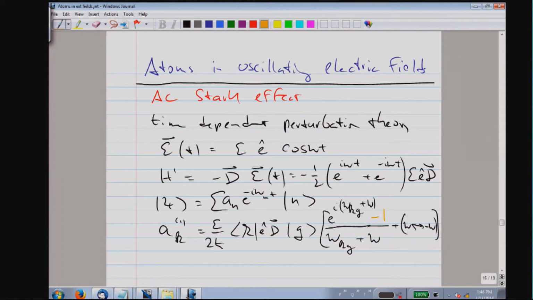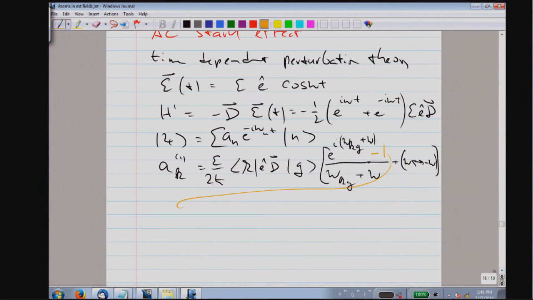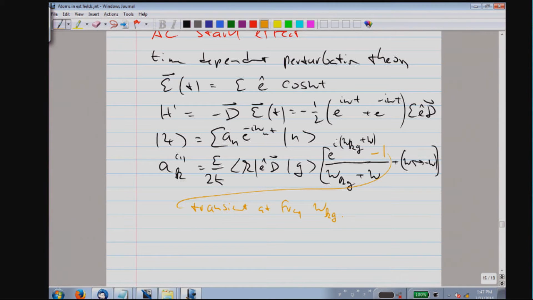And this contribution at the lower integration limit is actually a transient. It doesn't depend on omega, so it's a beat note between the ground and excited state. I could say at frequency omega_k, but together with the ground state, it's omega_kg.